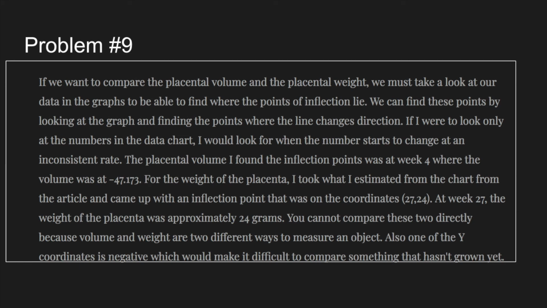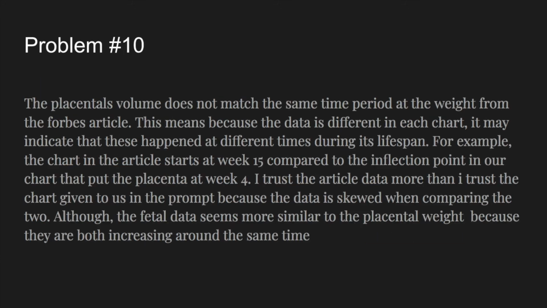So basically this means that at week 27, the weight of the placenta was approximately 24 grams. And I don't think you could really compare these two, because for the placental volume, there's a negative growth. And I don't really think that makes sense, because how can something grow negative compared to the weeks before?